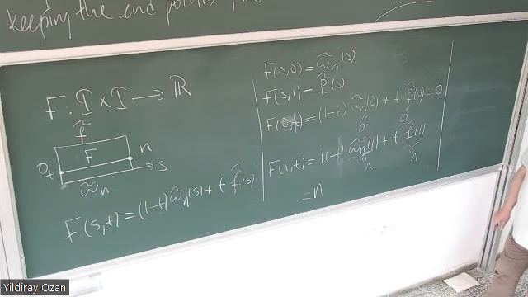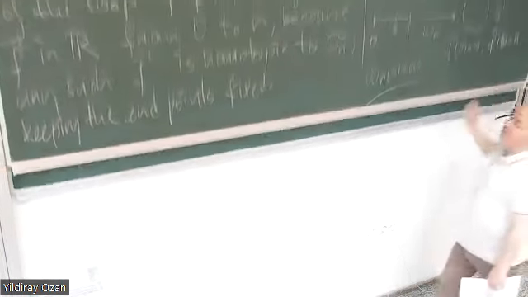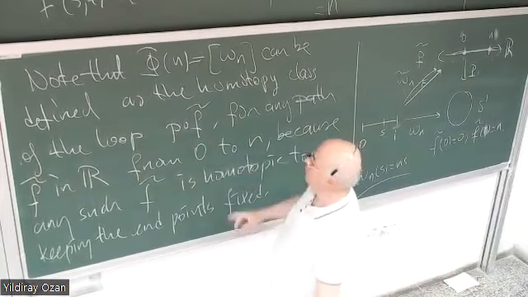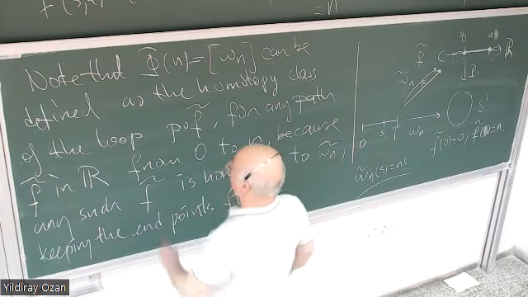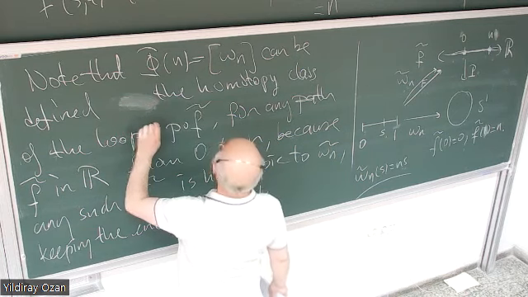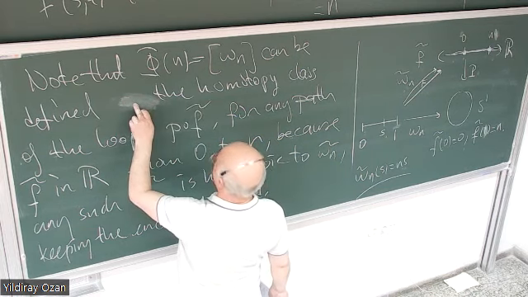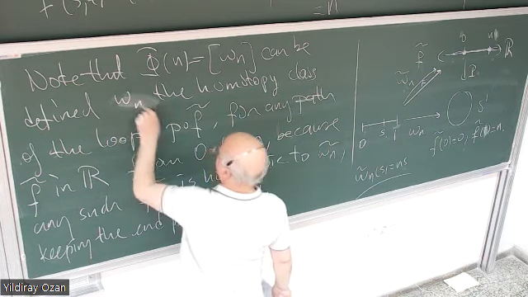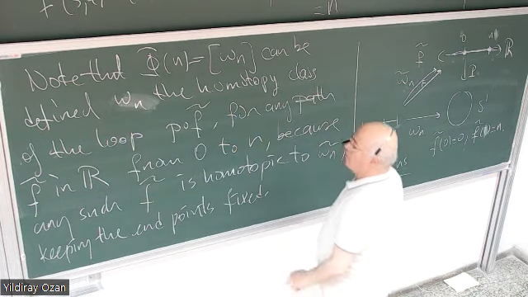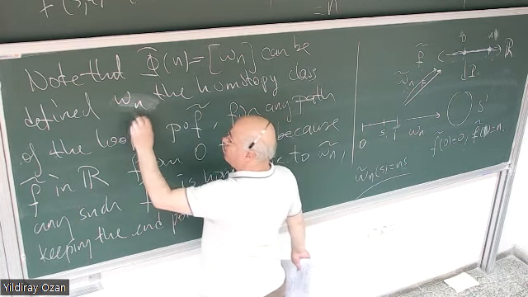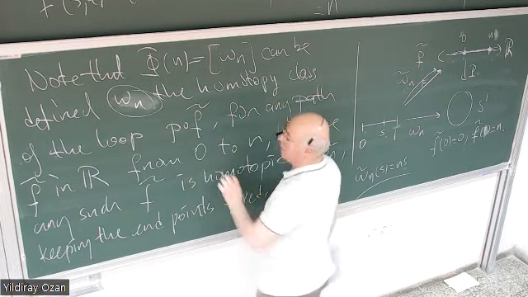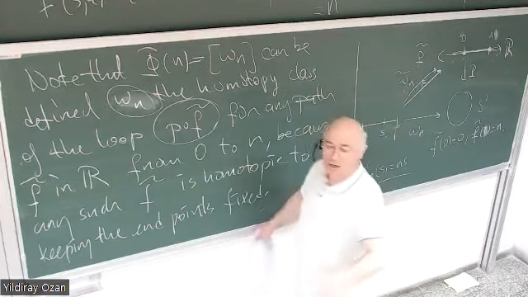No, I am not claiming anything like that. I will just claim that this was W n, right? So what I'm claiming is that the element in the fundamental group represented by this and by this are the same.